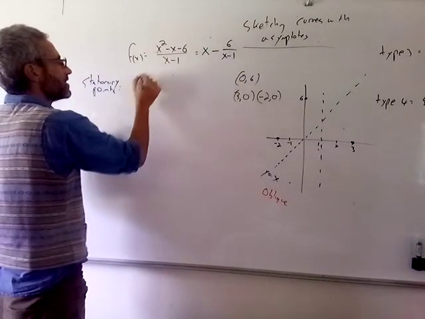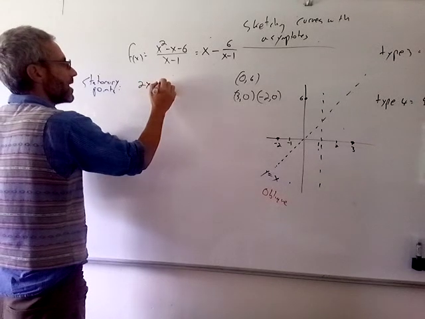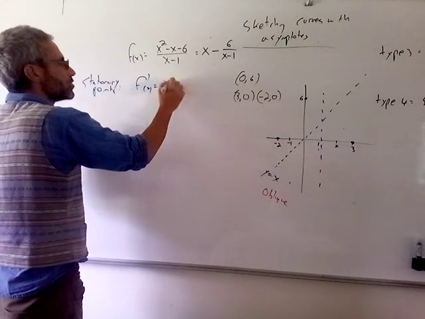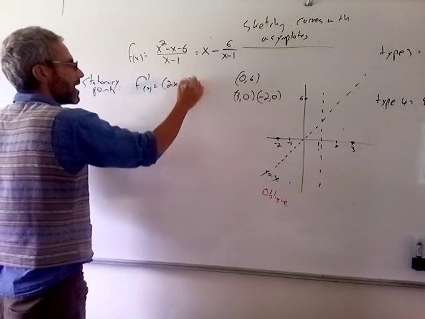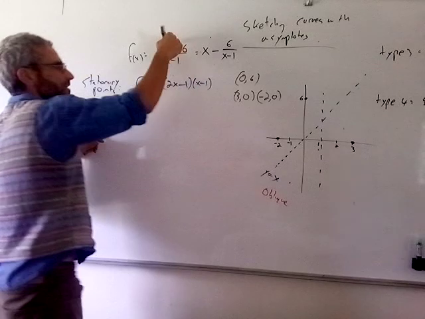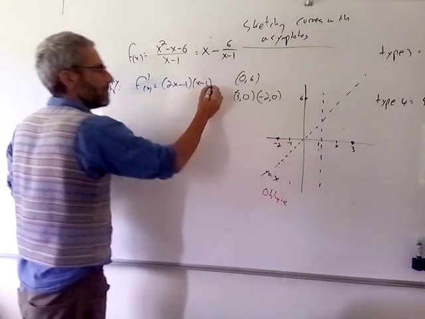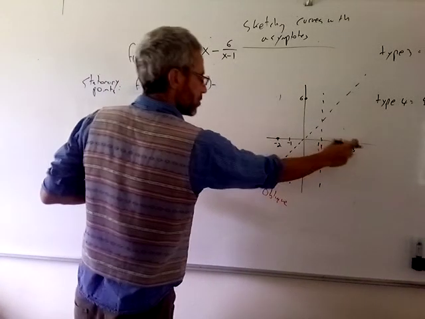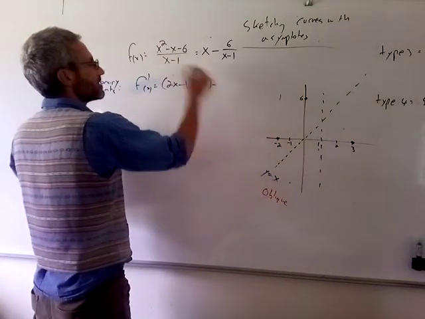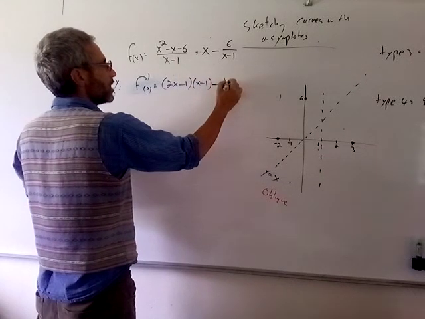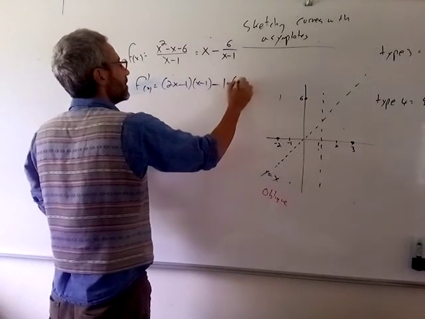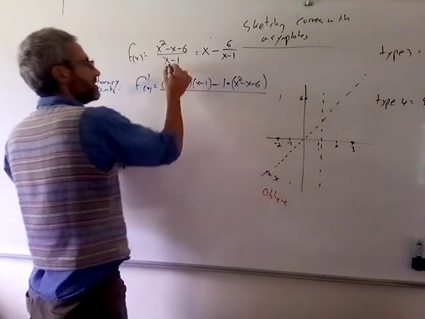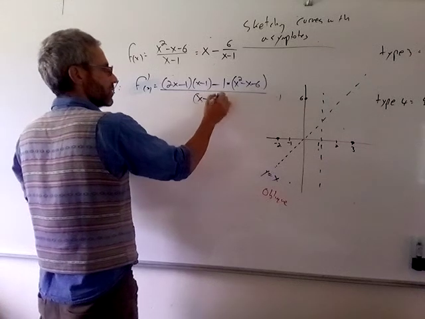So we're going to find the derivative of this one, which is: the derivative of the top, 2x minus 1, times x minus 1, minus the derivative of the bottom, which is just 1, times this whole mess, x squared minus x minus 6, divided by the square, x minus 1 squared. I'm going to erase this, hopefully you'll remember those points.